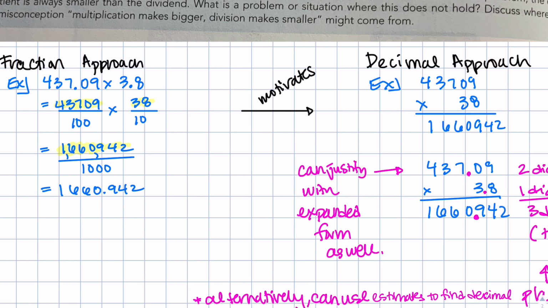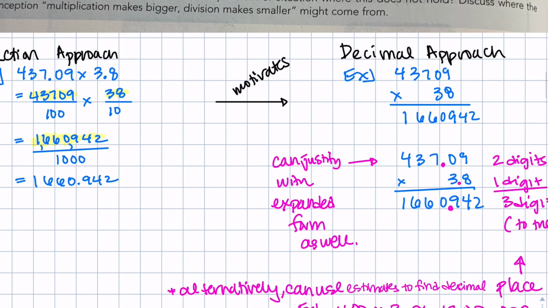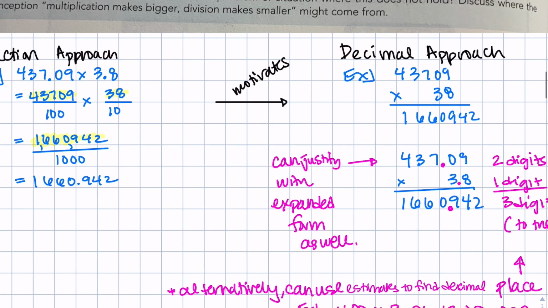So when I go now to my decimal approach on the right, I can start off by completely ignoring what digits I'm talking about. I just want to line up my two numbers. Notice here I don't have any decimal points in this first part of the explanation for the decimal algorithm. So I'm just multiplying 43,709 by 38, which is exactly what we do when we're multiplying these two numerators.